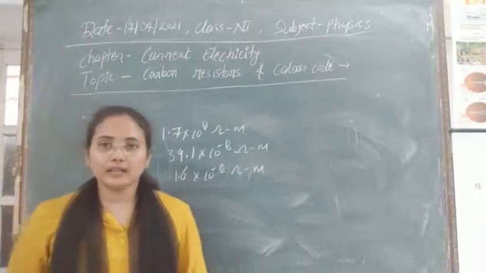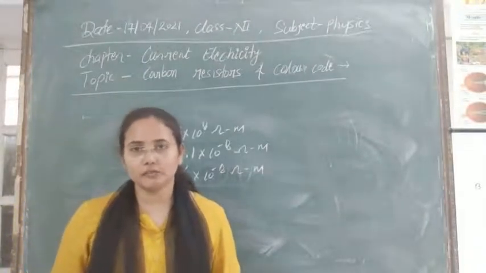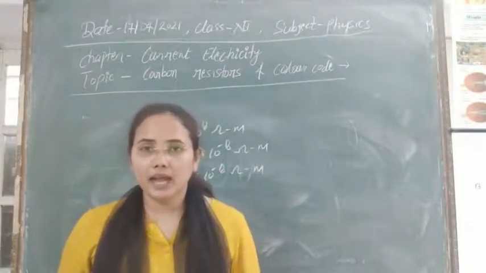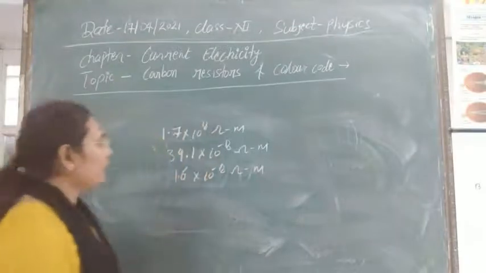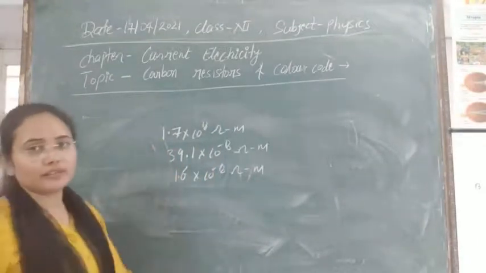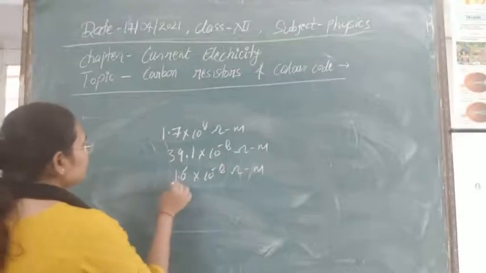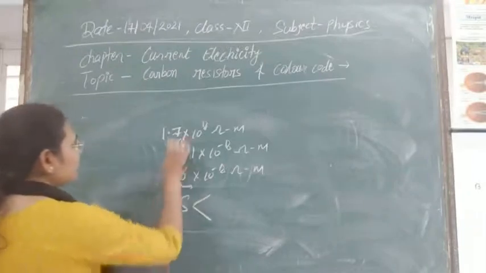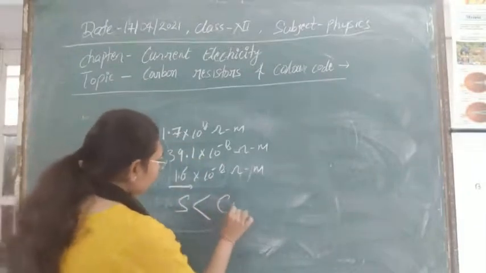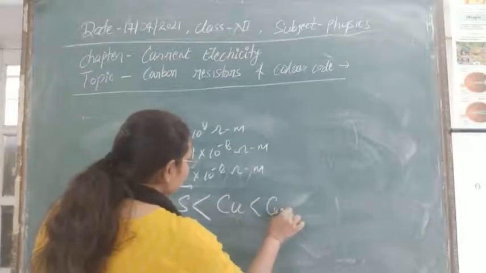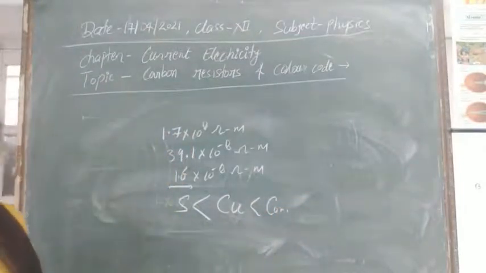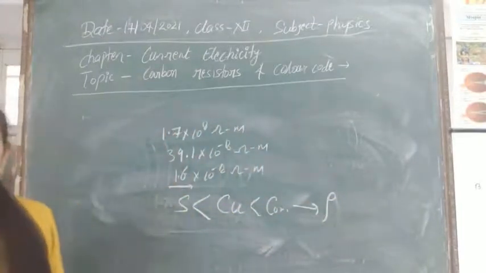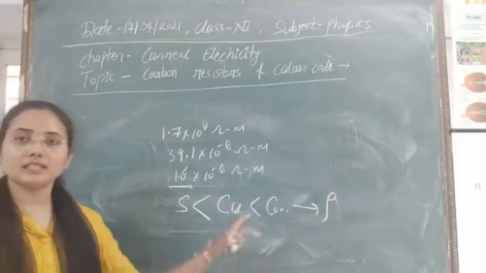As you know, conductivity is the reciprocal of resistivity. So the material which has the greater resistivity will have less conductivity. If we arrange in increasing order of resistivity, first the minimum resistivity is silver, then copper, and then constantan.